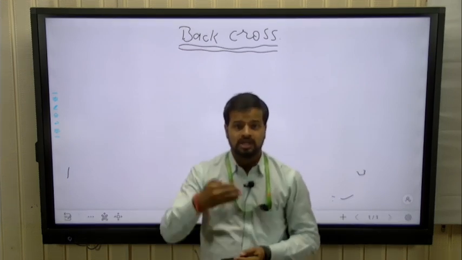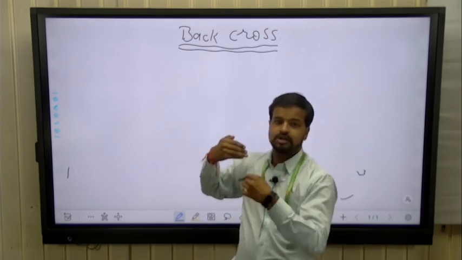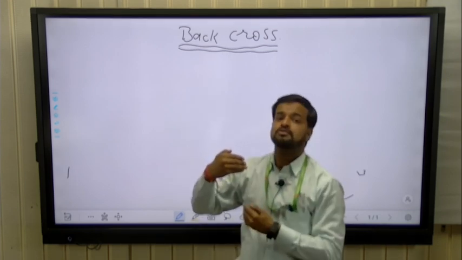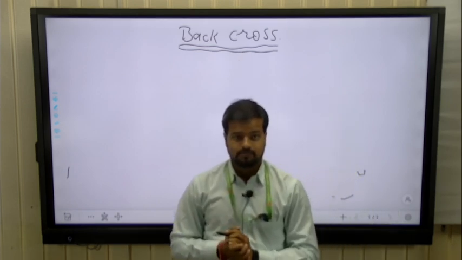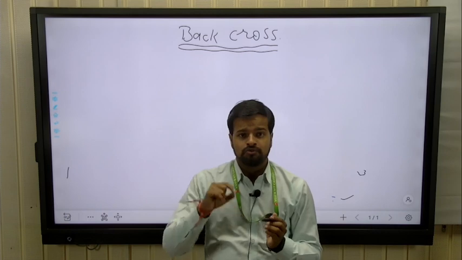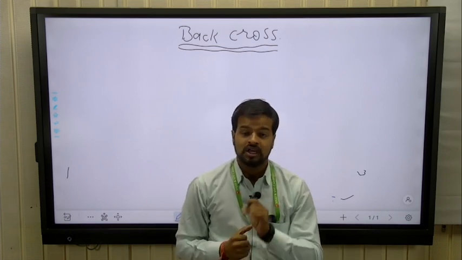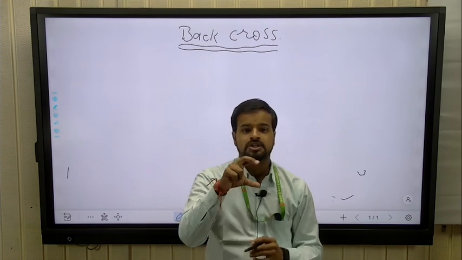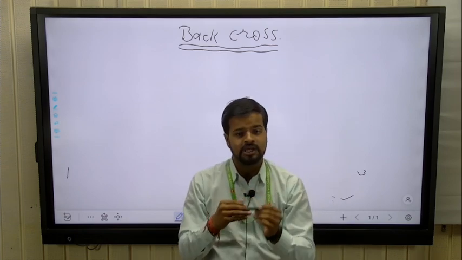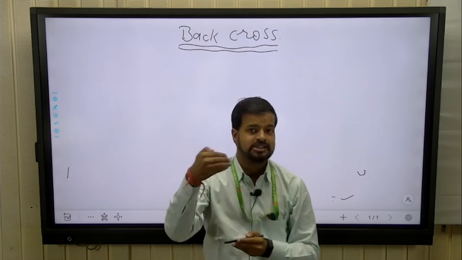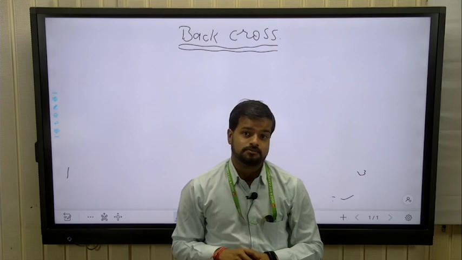Backing means, if I go in the forward direction, not, we go in the downward direction, that is called back cross. That means in this cross we use the back method, and the back method is when we cross the F1 generation to the parents. Remember this point: when we cross between the F1 generation and their parents, that type of cross is called back cross.